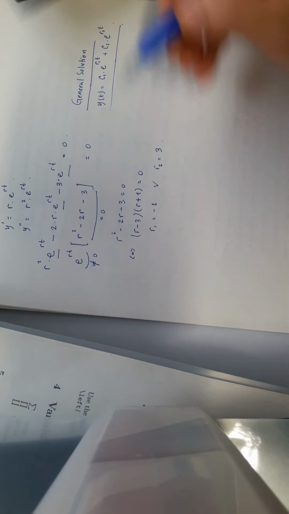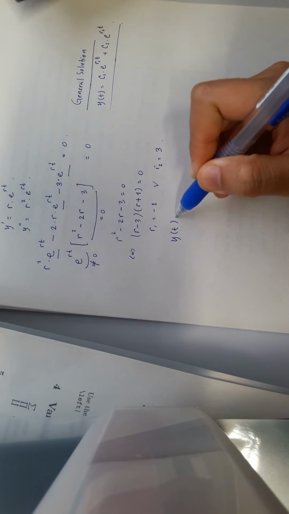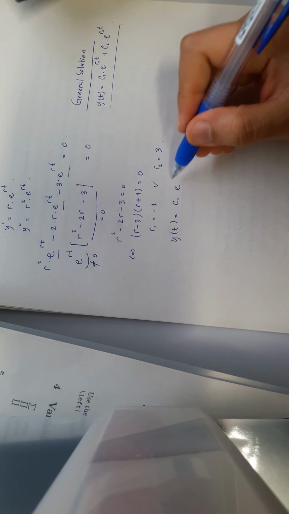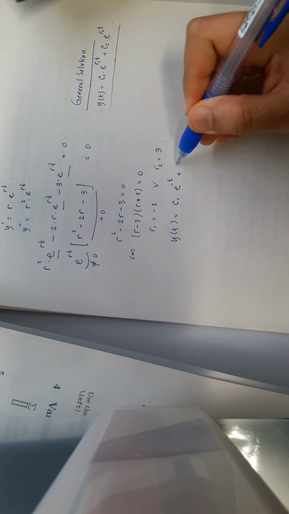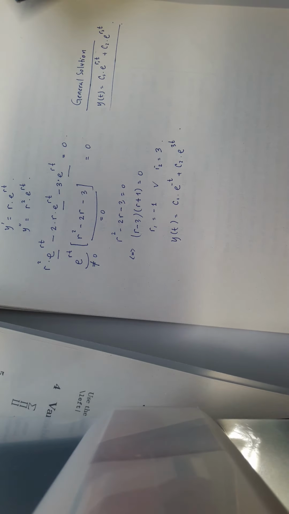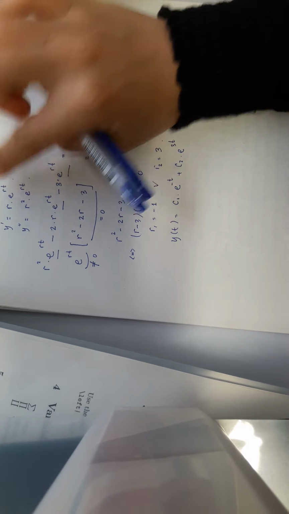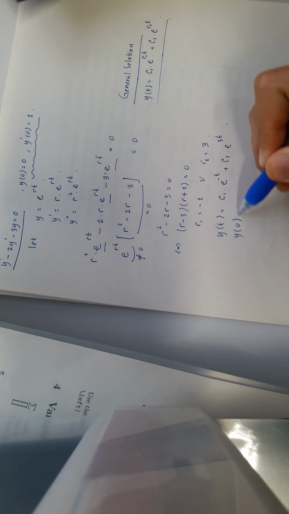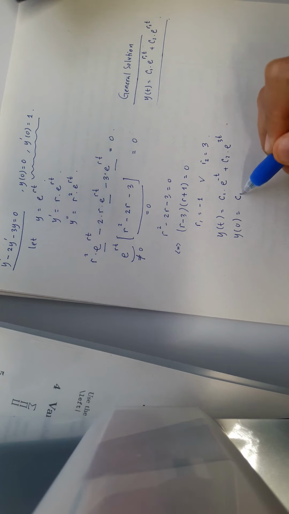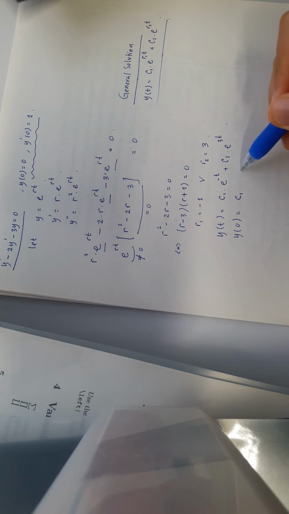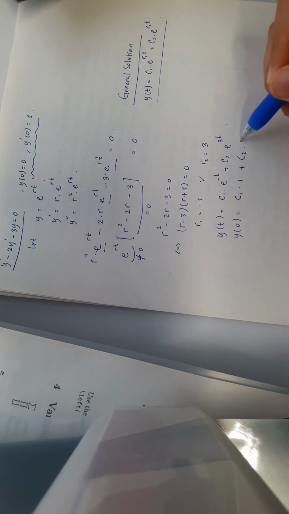We write down first this one, so we have y(t) equal to c1 times e^(r1 t), meaning e^(minus t), plus c2 e^(3t). If we substitute t equal to 0, we have y(0) equal to c1 e^(minus 0), meaning 1, plus c2, also 1.